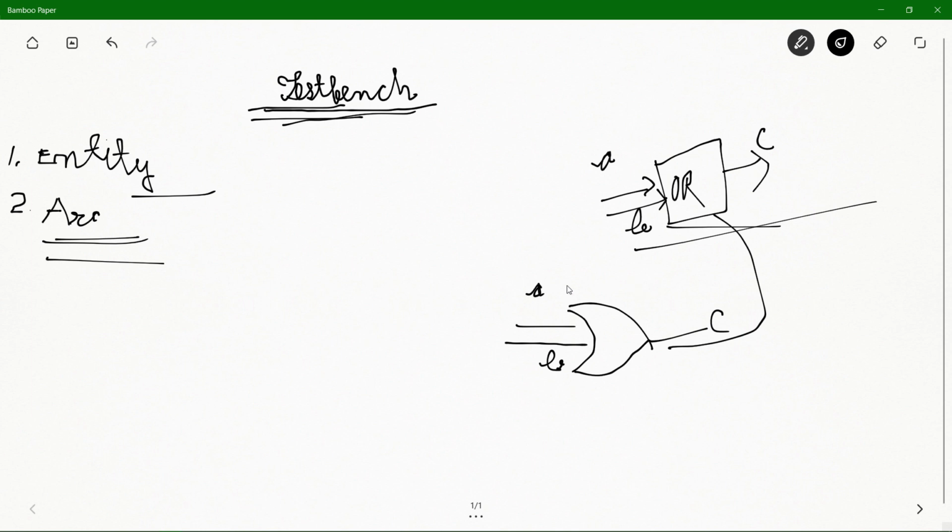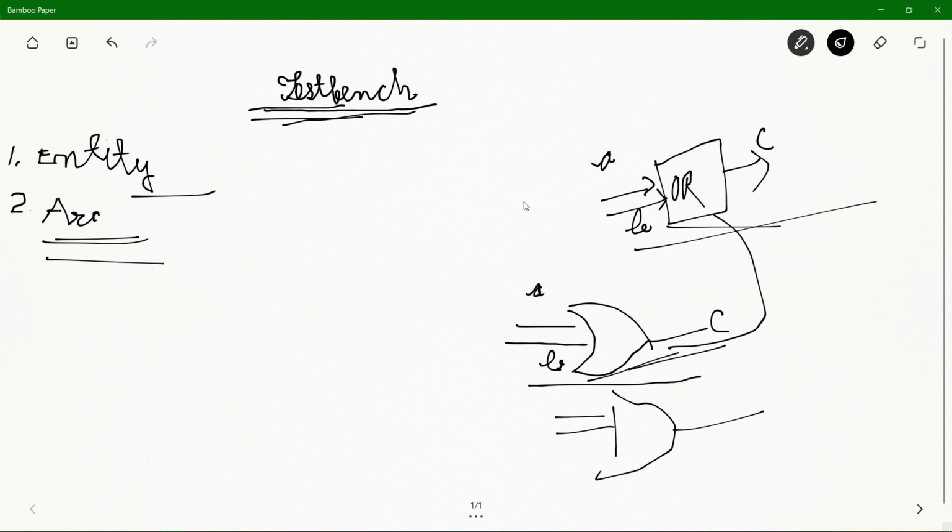So a question arrived in our mind: okay, this diagram has been made, so how do we check whether my compiler is giving the output according to this diagram only, or according to the OR gate only? How will the compiler give the output if I make an AND gate in my architecture, or any sort of basic gate?